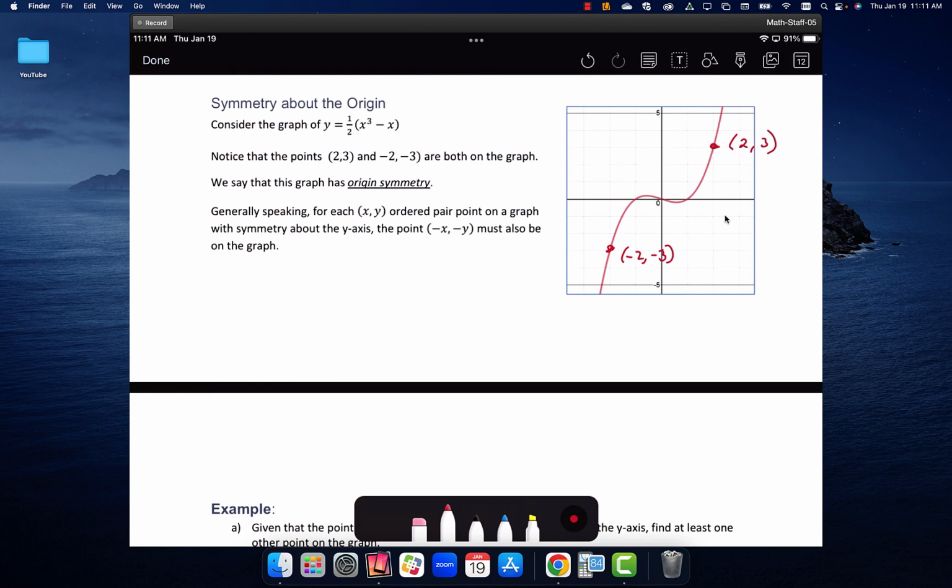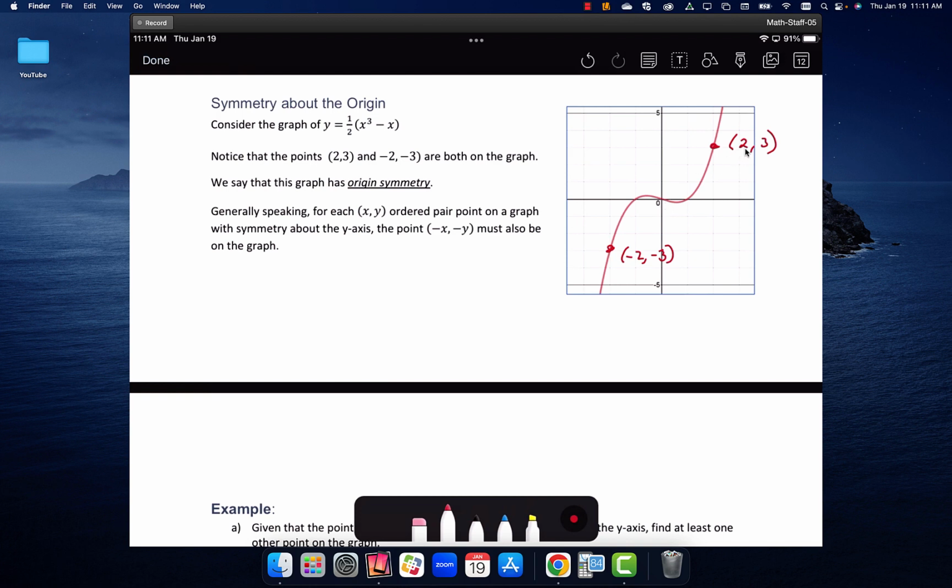This one's rotational symmetry. Basically what we're going to do is we're going to rotate the graph 180 degrees or turn it upside down, rotating about the origin. So if you held your finger on this point and spun this graph around 180 degrees, you would get the same picture. That's rotational symmetry, or symmetry about the origin.